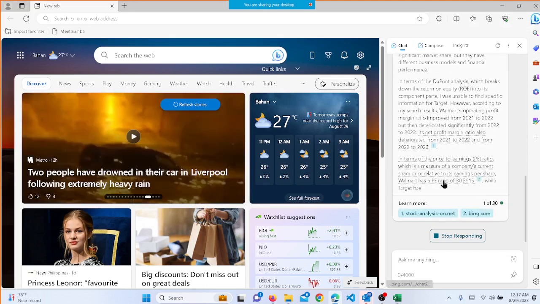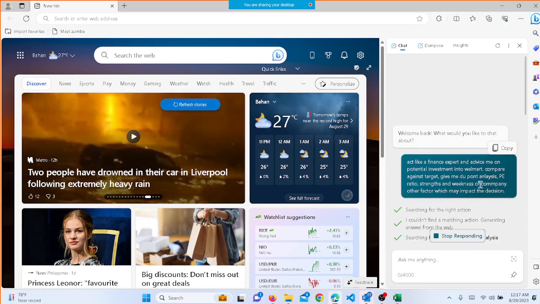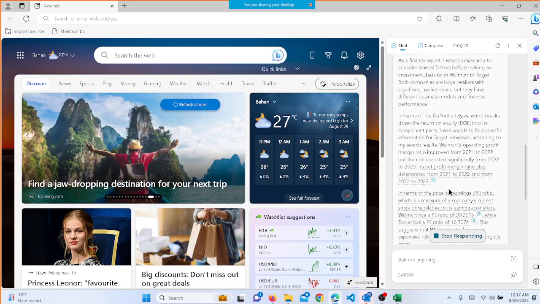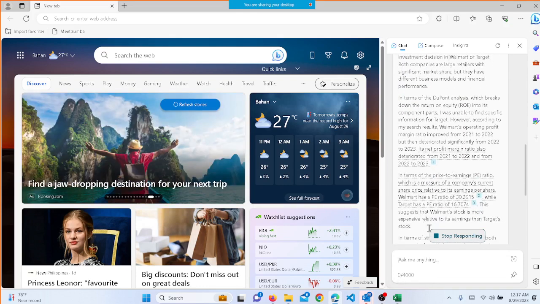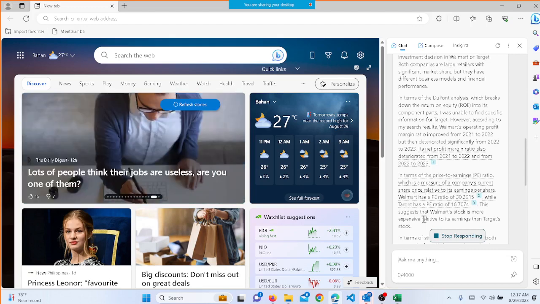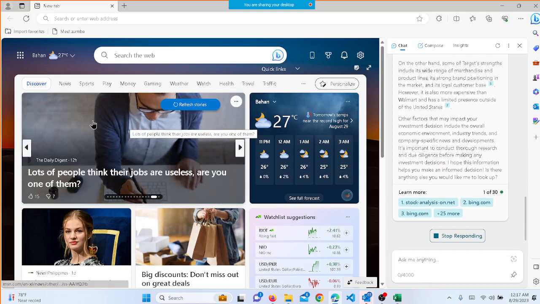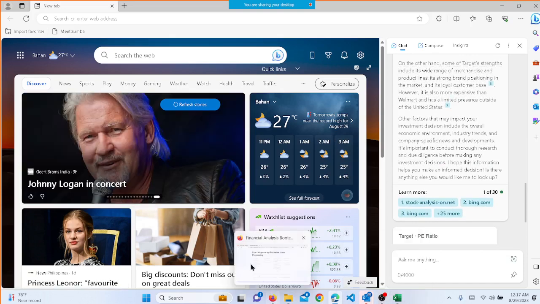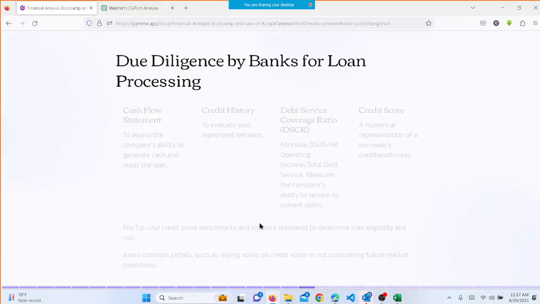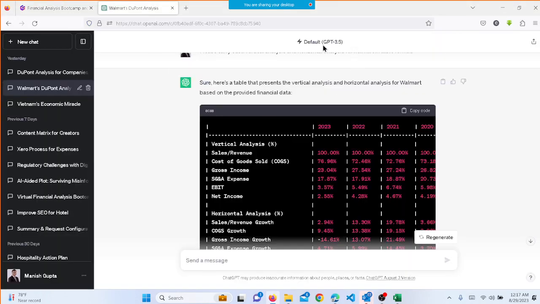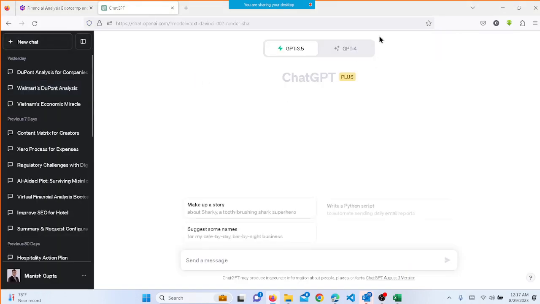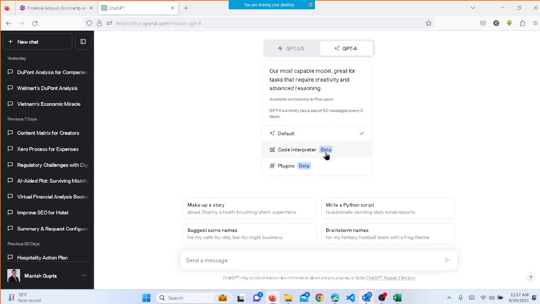The most important part here is going to be the prompt that you ask it, because that will define the quality of the output as well. So you can experiment until you get a very good answer on your own, right? There are also some paid plugins you can use to do the analytical part.